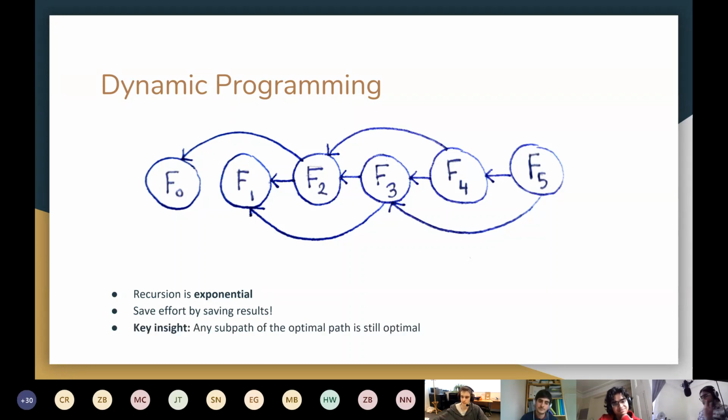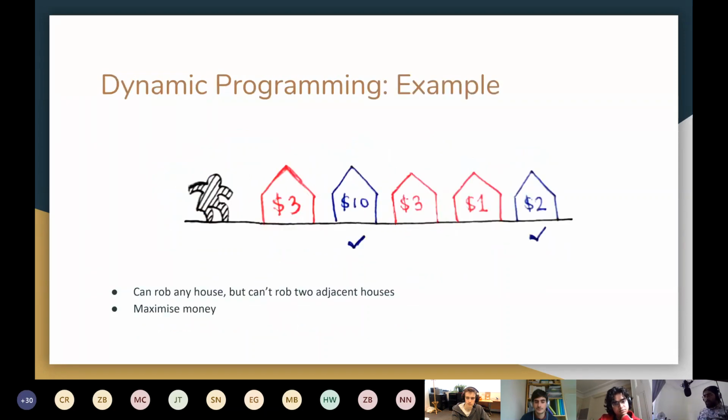And the key insight behind this is that if you want to find the optimal solution to a problem, a lot of the time, any sub-solution to that must also be optimal. So if you want to rob 5 houses, the best way of robbing all 5 houses must also include the best way of robbing these 3 houses as a sub-problem.